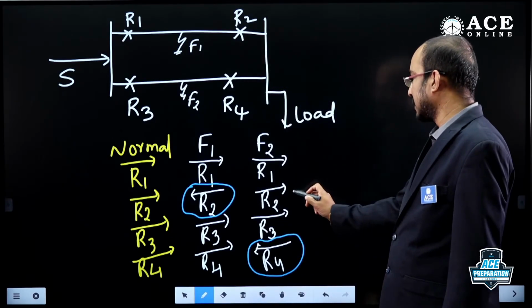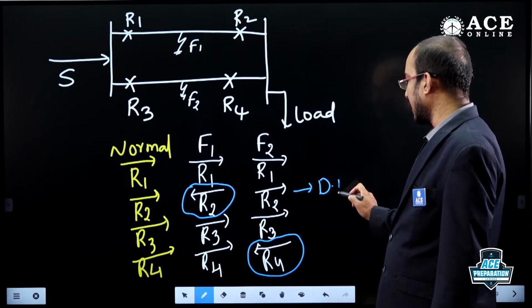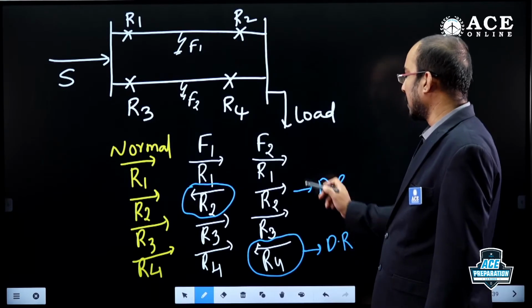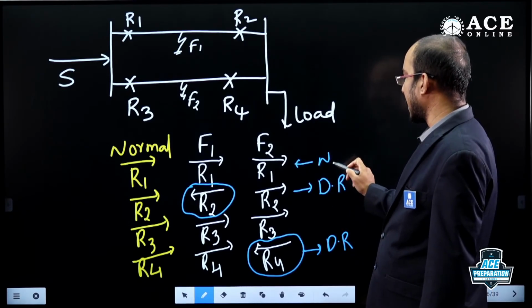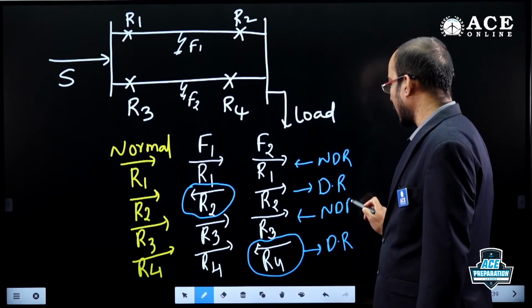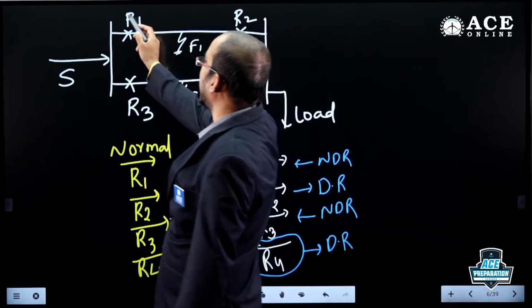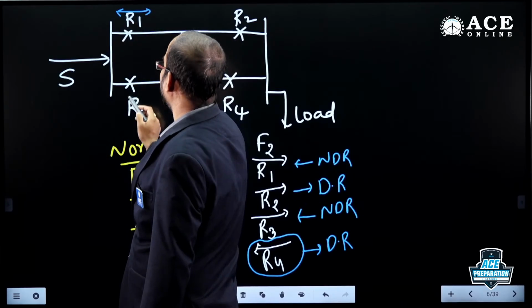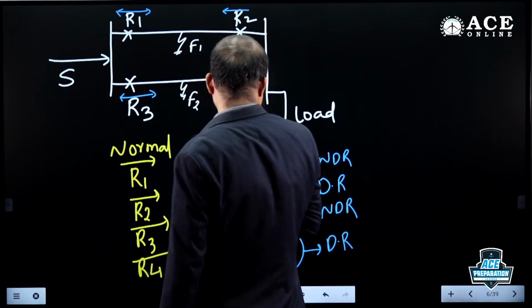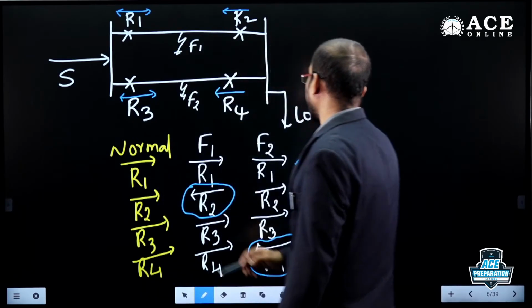R1 is non-directional, R3 is also non-directional. So R1 non-directional relay, R3 non-directional relay, R2 directional relay and R4 directional relay.